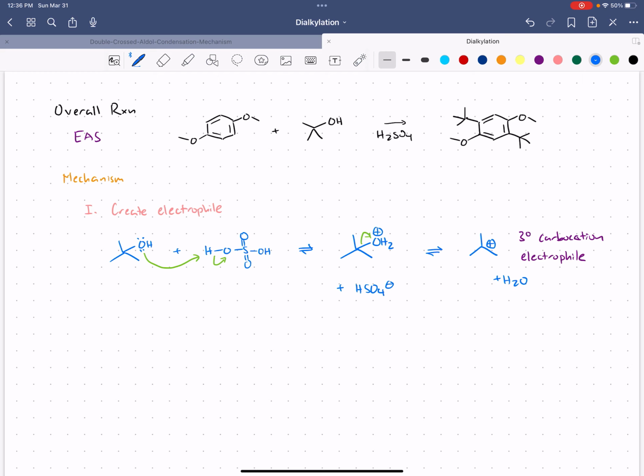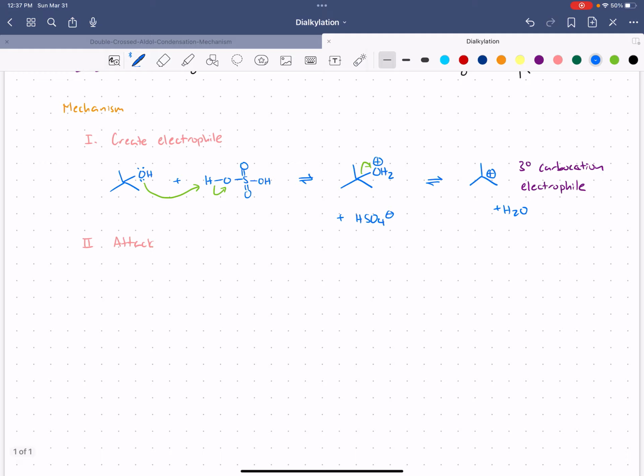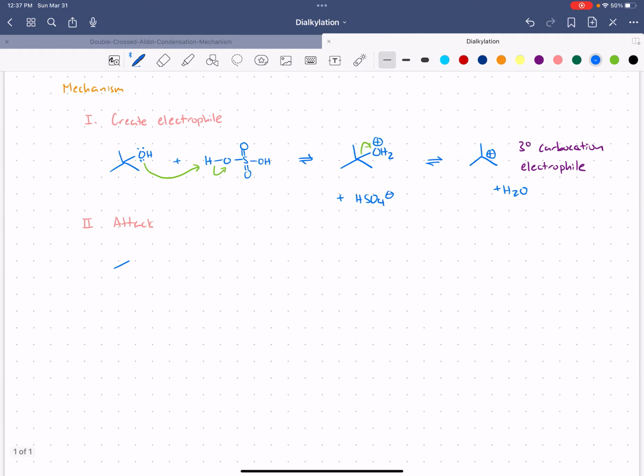Okay, next step. Next step is going to be the attack. Let's take our 1,4-dimethoxybenzene. I'm going to draw the double bond here, like this.